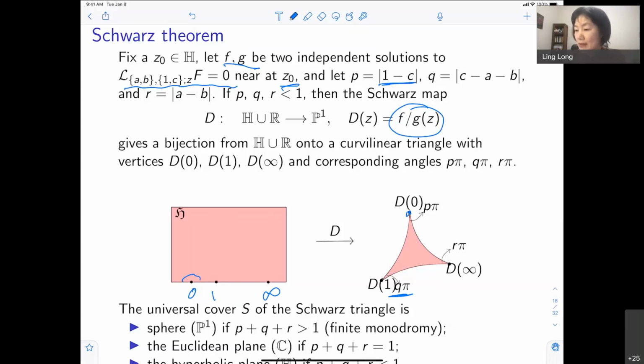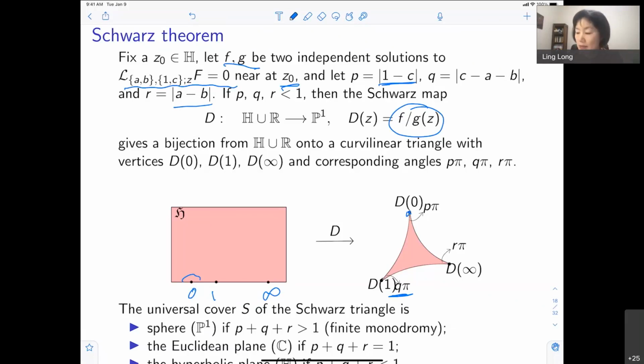So what you get from the upper half plane is a special Schwarz triangle with angles P pi, Q pi, and R pi. They are computed from the parameters. And if you look at the universal cover of this triangle, there are 3 situations.